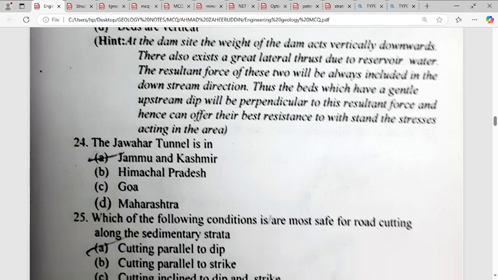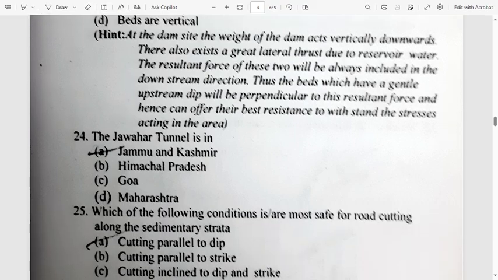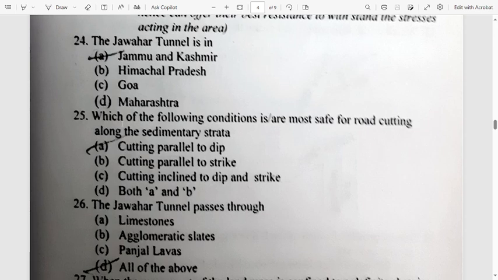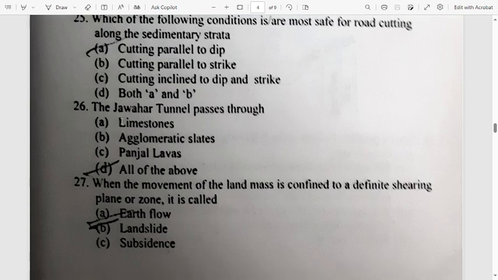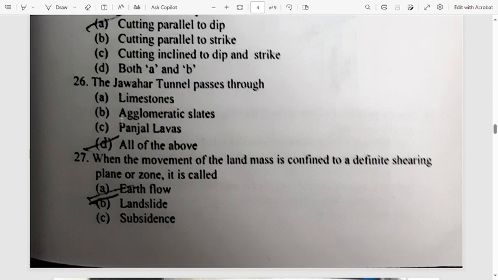Okay. The Jawahar Tunnel is in Jammu and Kashmir. Which of the following conditions is most safe for road cutting along the sedimentary strata? Cutting parallel to dip. The Jawahar Tunnel passes through limestone, agglomeratic slates, Banjal lavas. Okay.